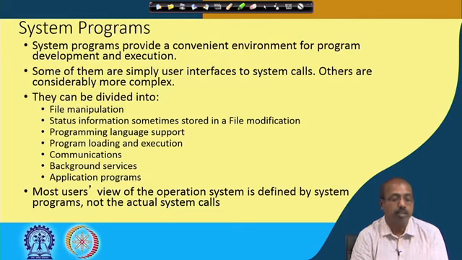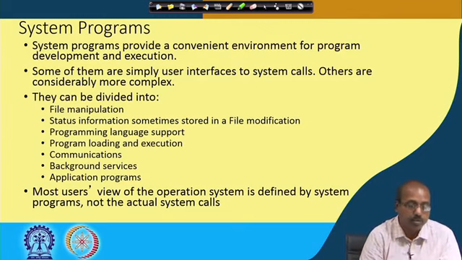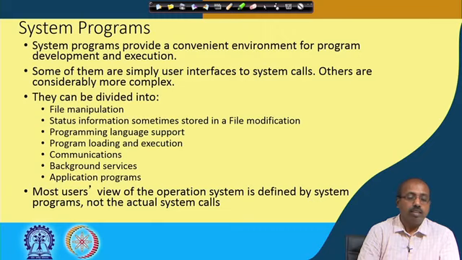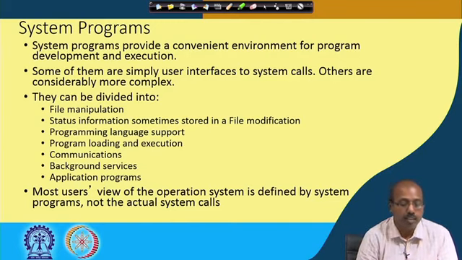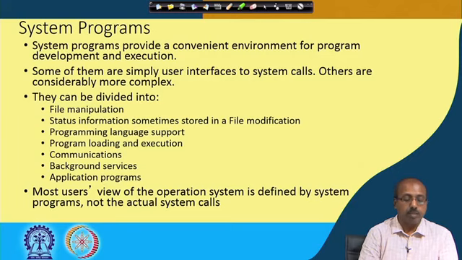We will see how they are divided into different classes. As there are different parts of the operating system, system programs may also be of different types. There are some programs for file manipulation, some for status information, and file modification. Then programming language support, program loading and execution, communication, background device services, and application programs.